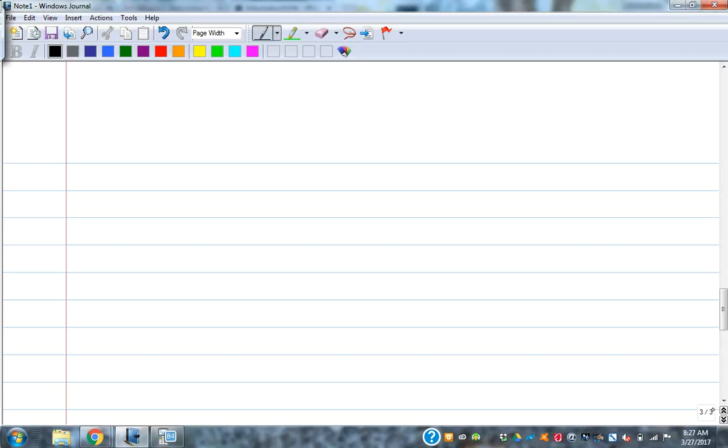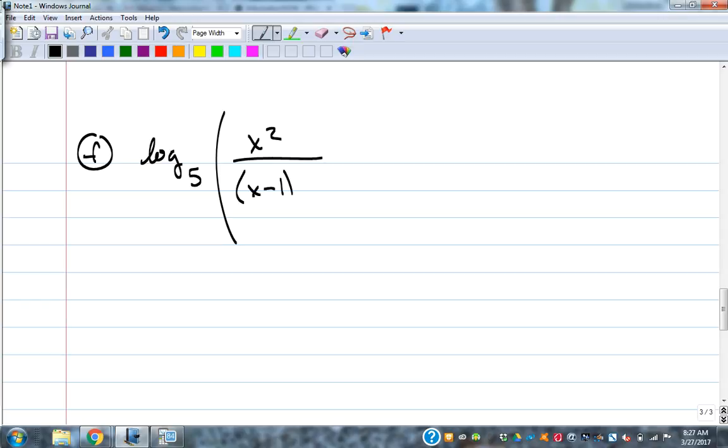Some more space for this next one here. A little bit more involved. Log base 5 of x squared over x minus 1 to the 3rd power. Let's try to go in one step if we can.